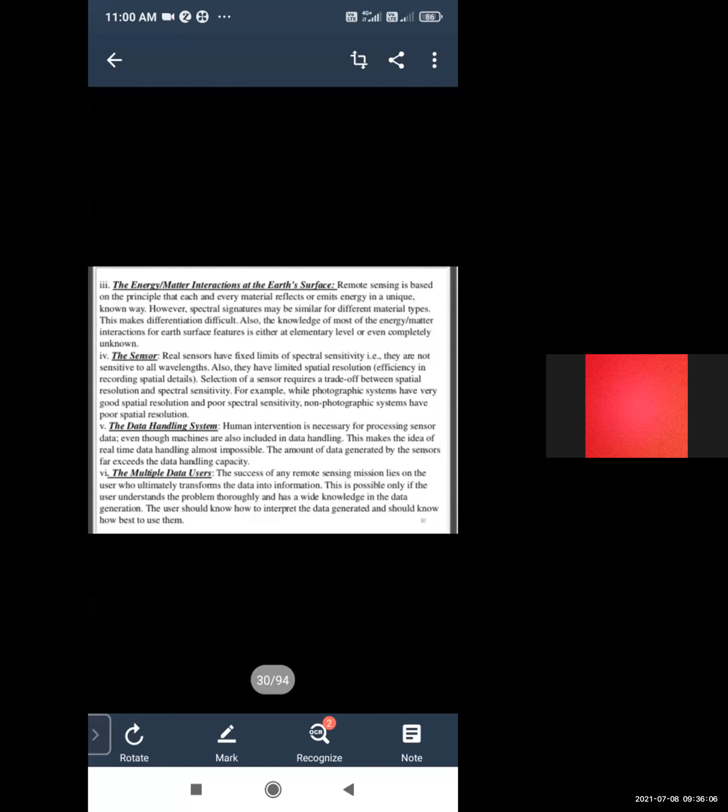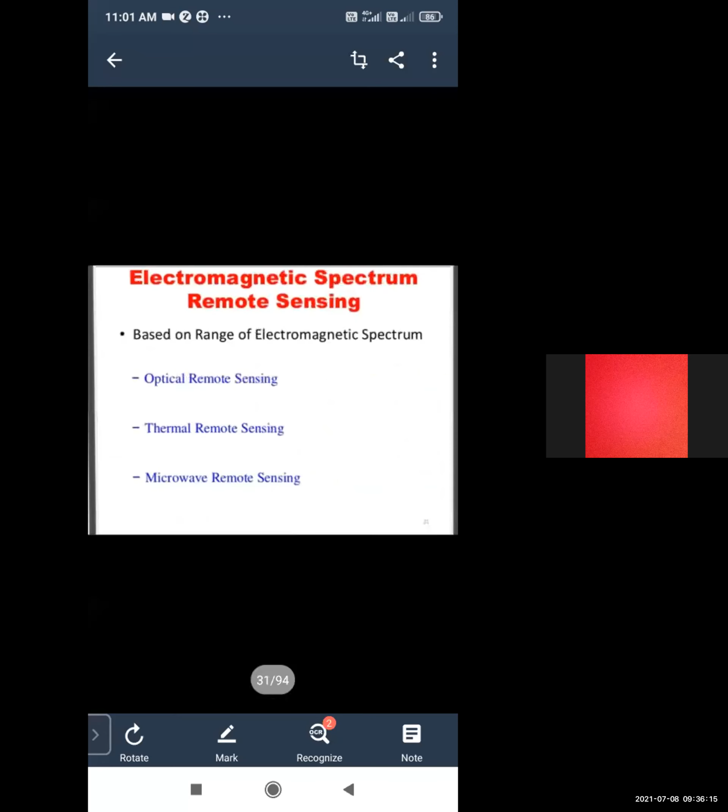The user should know how to interpret the data generated and how best to use it. This is the responsibility of users. So the components have been discussed for ideal and real remote sensing systems.